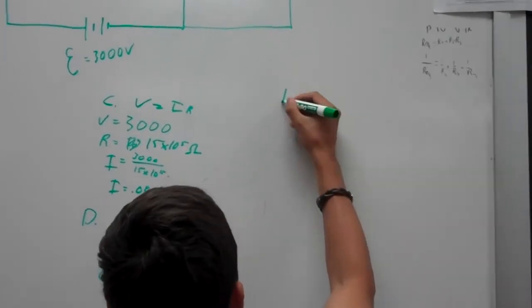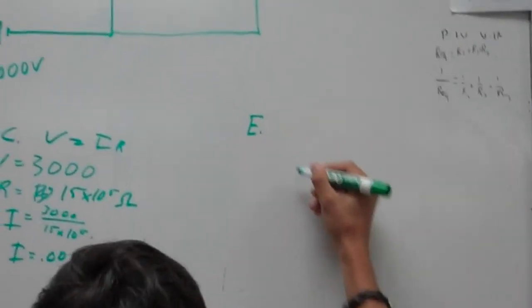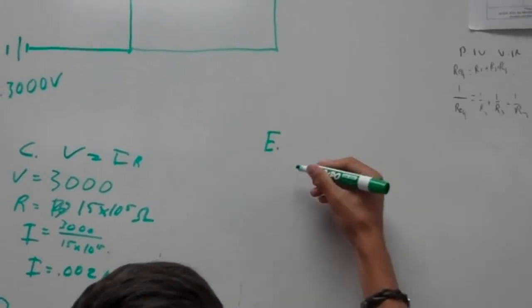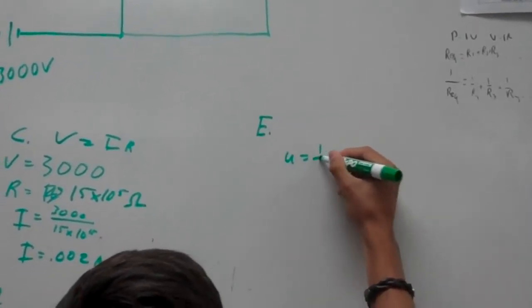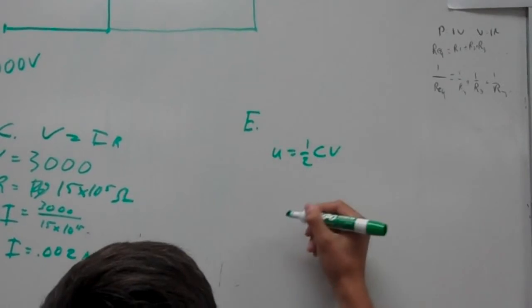Okay. Part E is calculating the energy stored in the capacitor, and for that you can use U equals 1/2 CV squared.